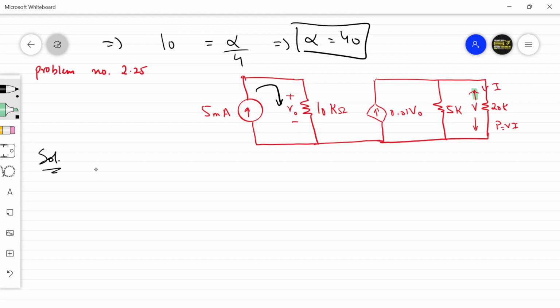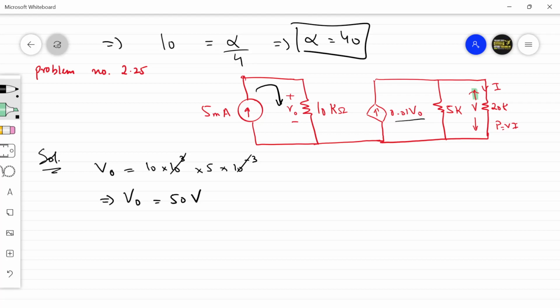That means V naught is equal to 10k, that means 10 into 10 to the power 3 ohms, into current, that is 5 milliamperes, that is 5 into 10 to the power minus 3. Fine. So the 10 to the power 3 and minus 3 cancel out, which implies V naught is equal to 50 volts.